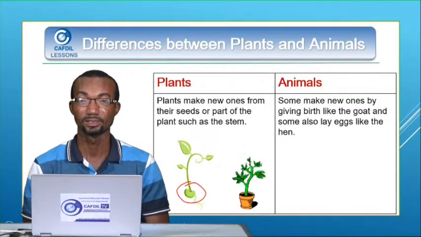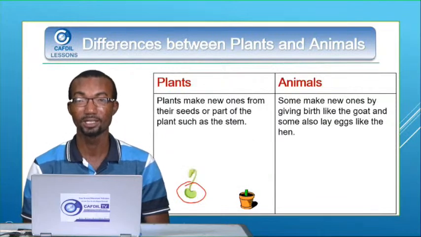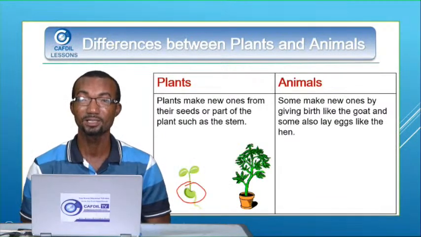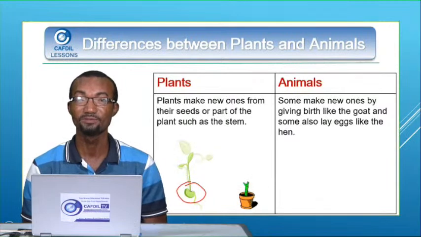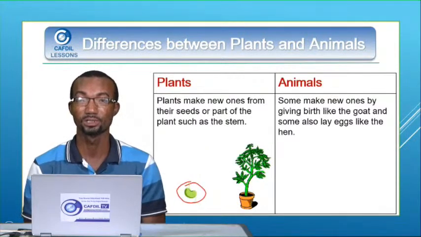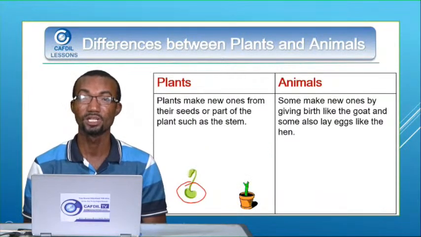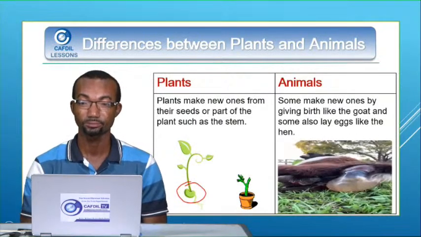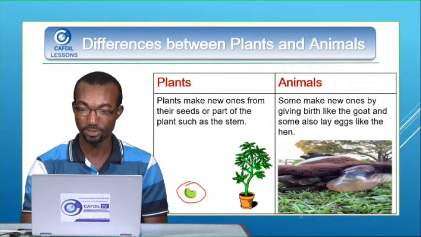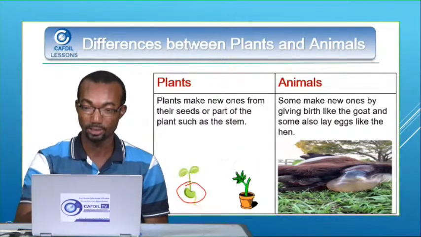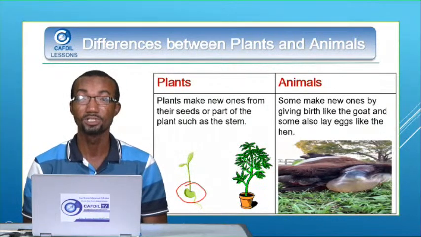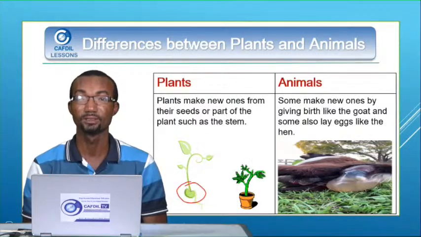What about animals? Some animals make new ones by giving birth, like the goats, and some also lay eggs, like the hen. So if you see the goat there, the goat is giving birth.